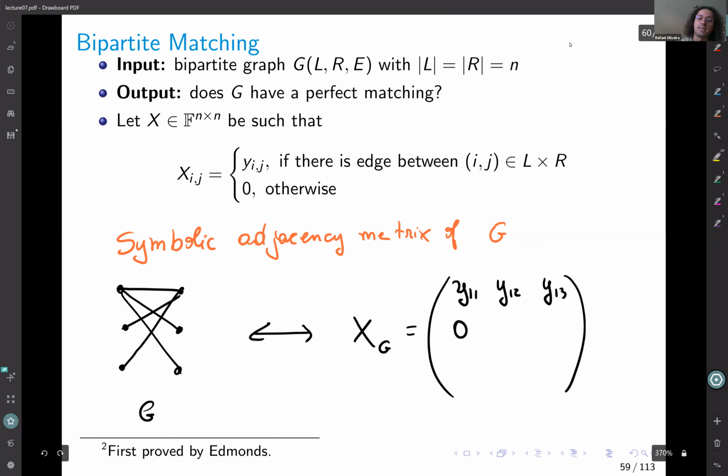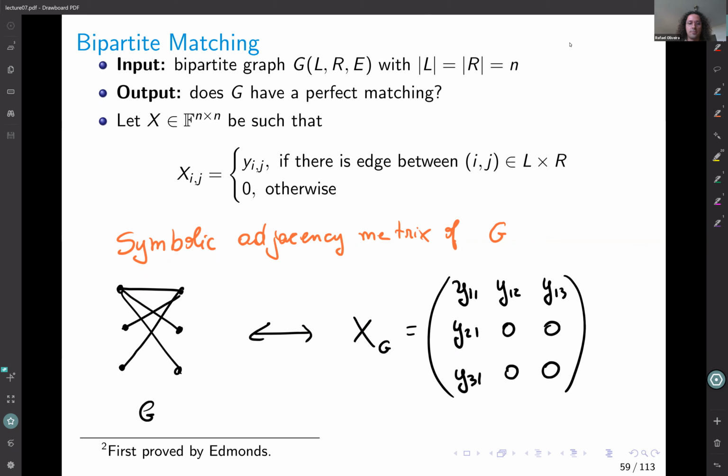Then 2 is connected to 1, so we have y21, 0, 0. And then 3 is only connected to 1, so we have y31, 0, 0. Each of these variables y_ij is distinct, so we're creating the symbolic adjacency matrix of the graph. Does that make sense?